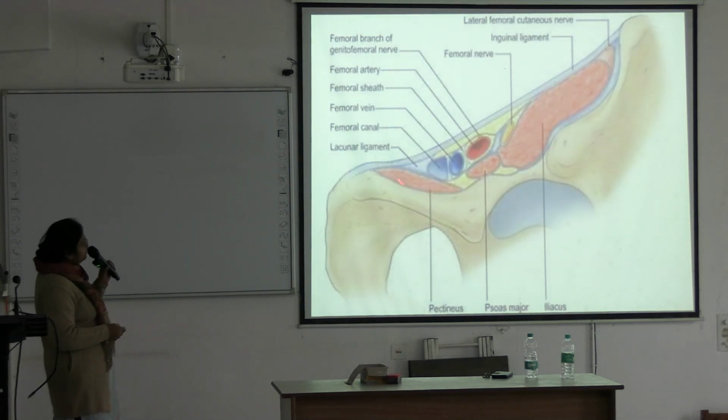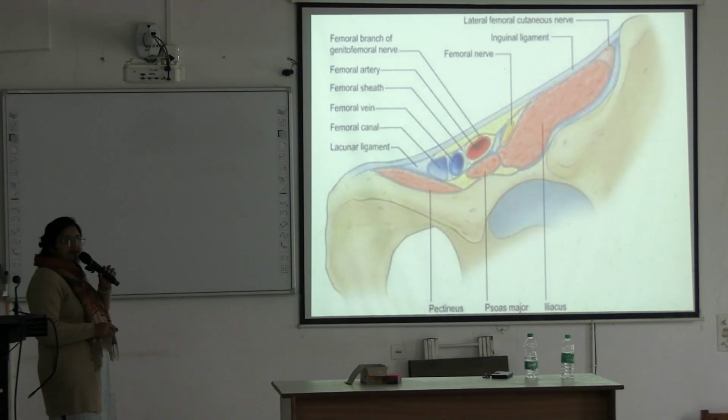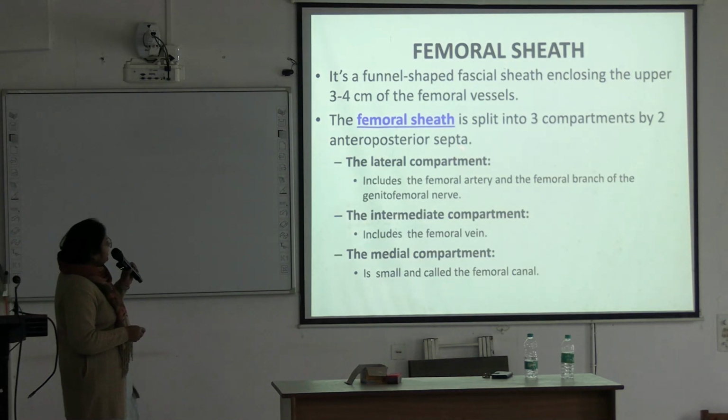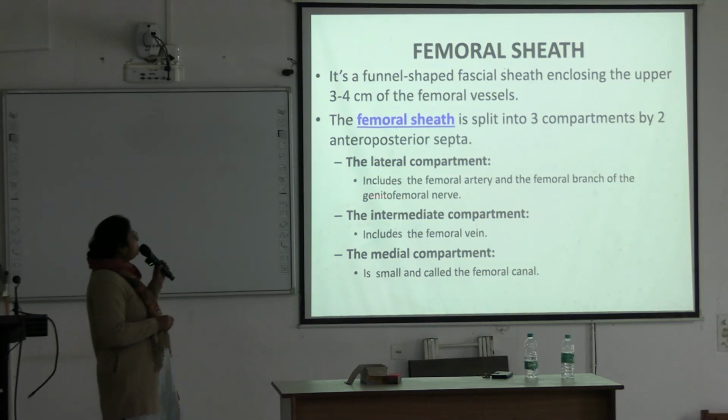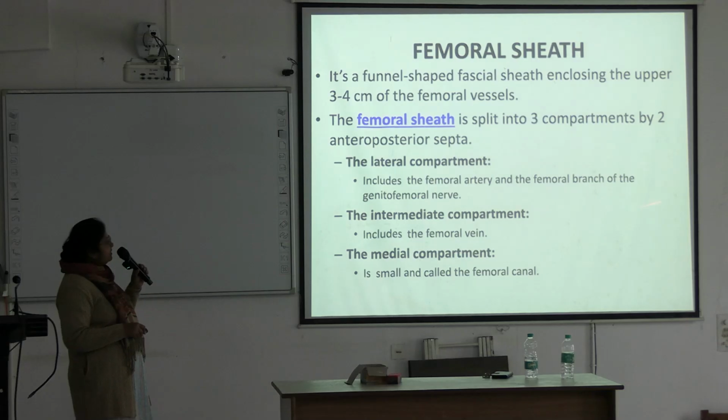See here, this is the femoral sheath enclosing the artery and the vein. Here is the artery, this is the vein, and this is the femoral canal, and they are separated by thin septa. So the lateral compartment includes the femoral artery and the femoral branch of the genitofemoral nerve.